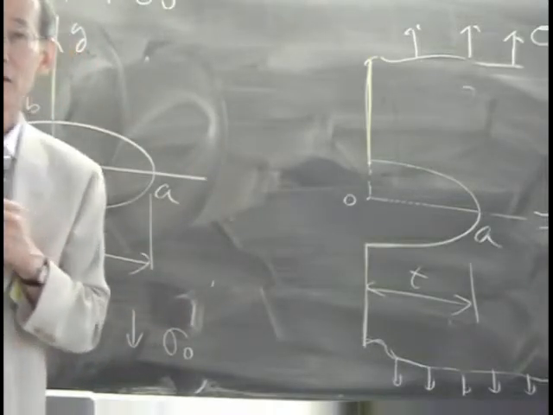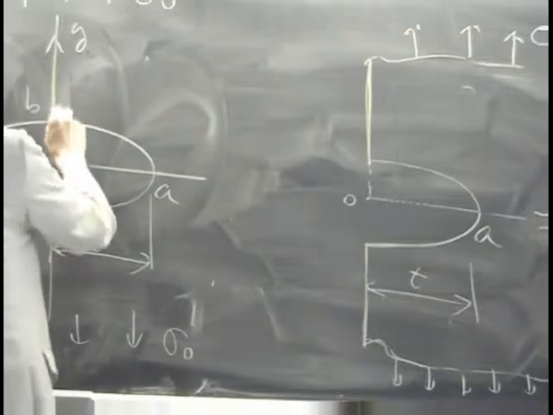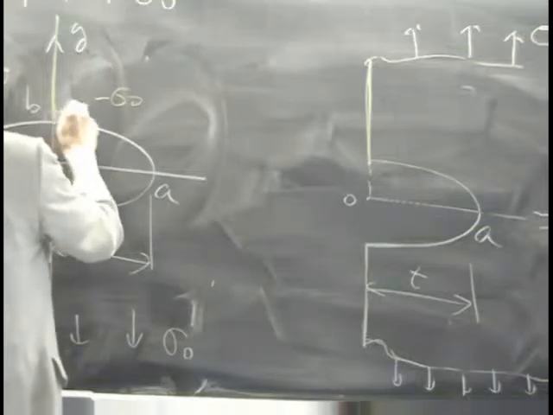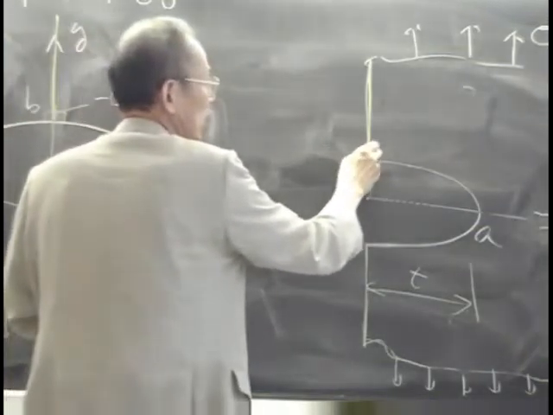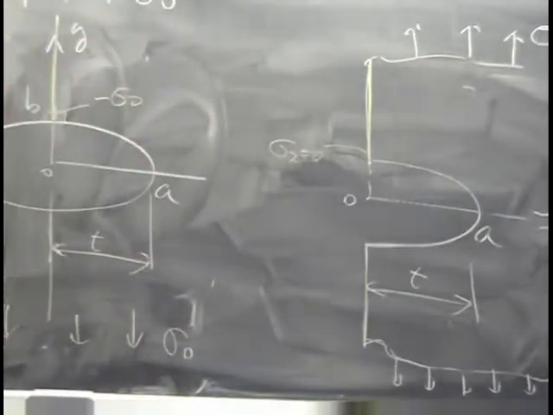On the left, you have a compressive stress on the top. Here we have minus sigma 0. On the right, you cannot have it because this is sigma x equals 0. This is a very important point.